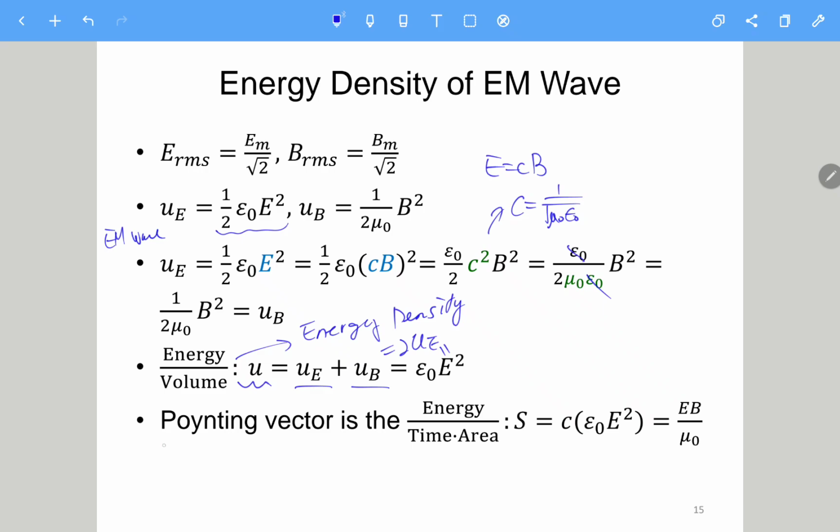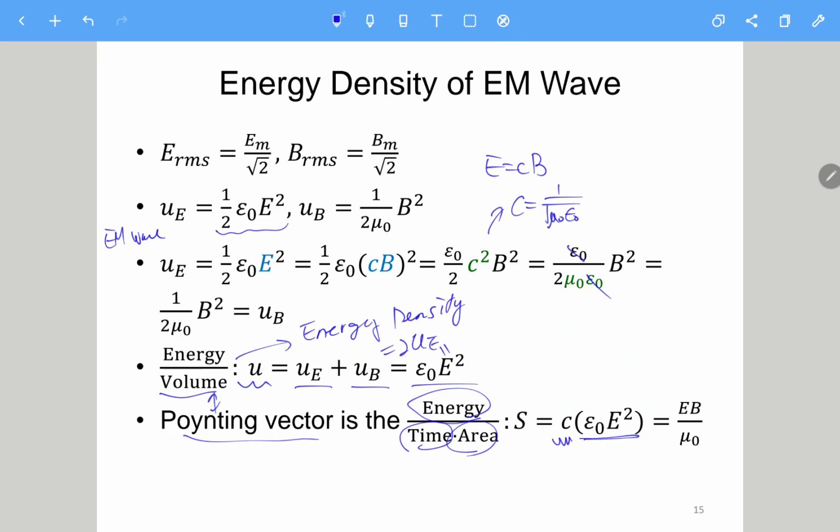When we talk about the Poynting vector, which is about the energy per time per area, you can consider this is volume. Actually we need to link these two things together. So here we have epsilon naught E squared, and then we still have C.